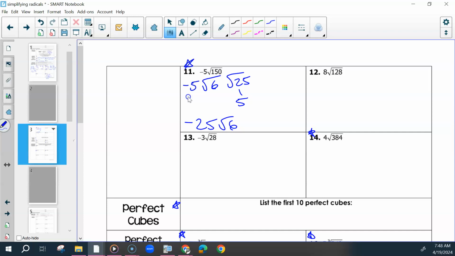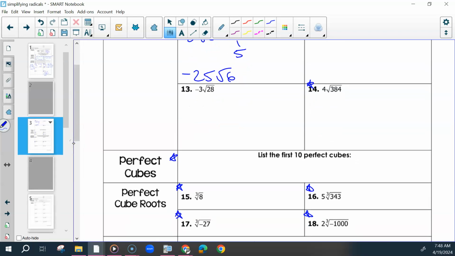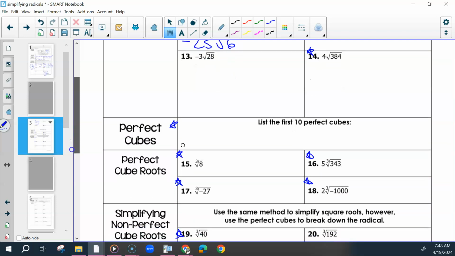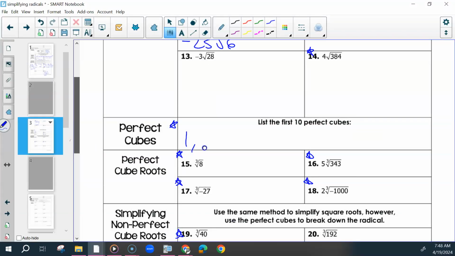Okay. So these you may not know off the top of your head, but you're doing 1 cubed, 2 cubed, and so on and so forth. So 1 cubed would be 1. And you can use the little caret, or you can use the square and change it. 2 cubed is 8.